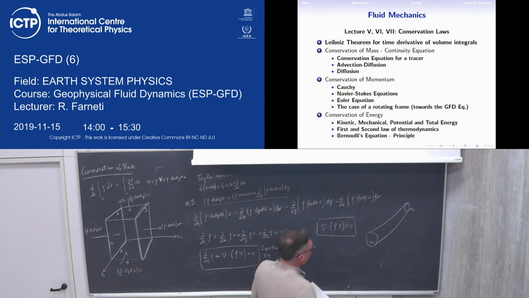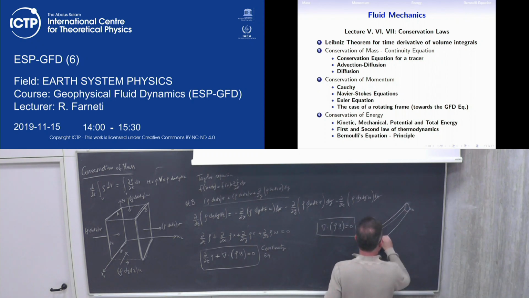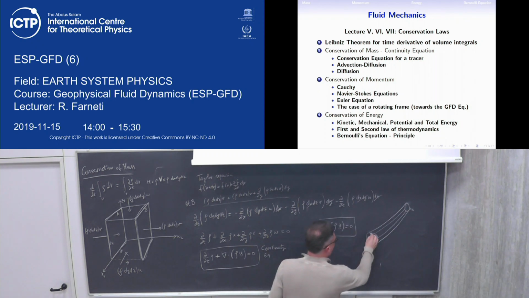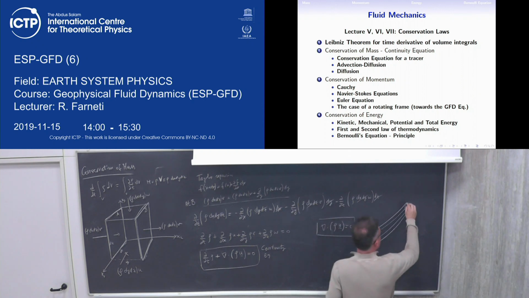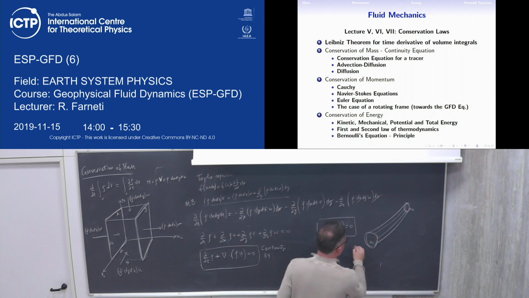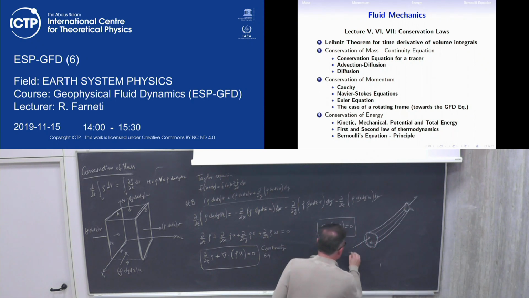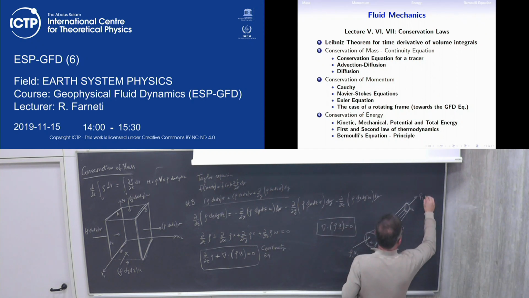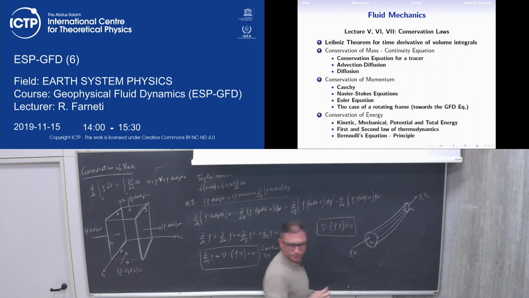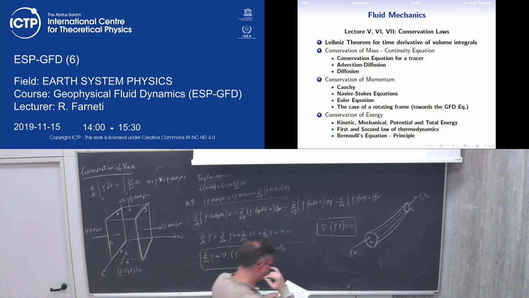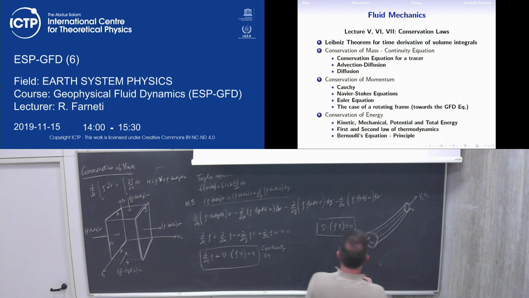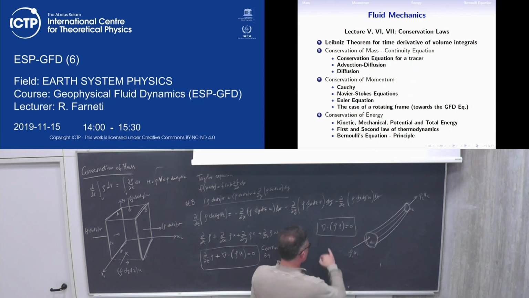So you can take a stream tube, for example. These are all the streamlines, and there's an area A1 here, and there's an area A2 here. So we have an inflow, and we have an outflow. The inflow will be ρ1 U1, and the outflow will be ρ2 U2. So the flow is steady, so we are in this condition.